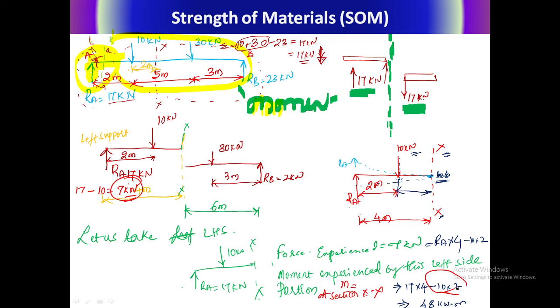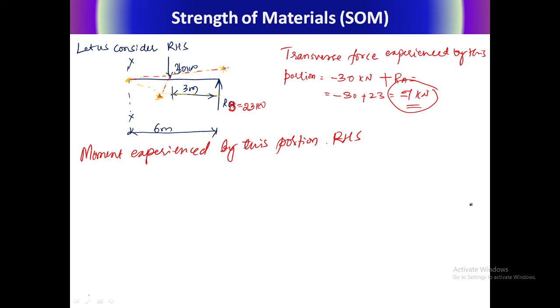Sorry, anti-clockwise is a negative, clockwise is a positive. Now let us see what answer we are going to get. About this point, this 30 kilonewton tries to make it clockwise. So this 60 kilonewton tries to make an anti-clockwise. So now let us take movements here. RB into 6 minus 30 into 3. Now 23 into 6 minus 30 into 3.